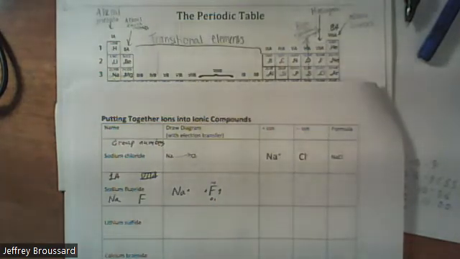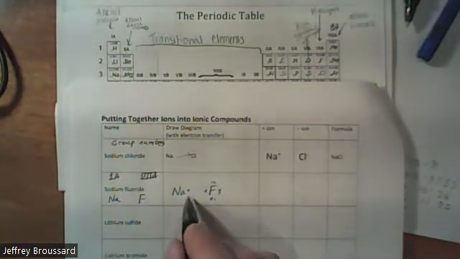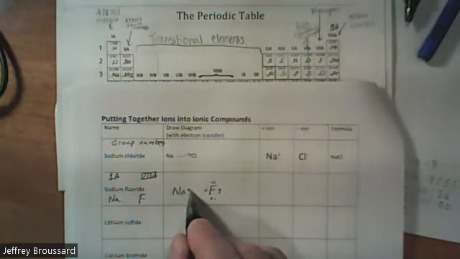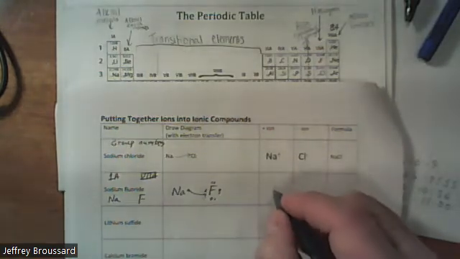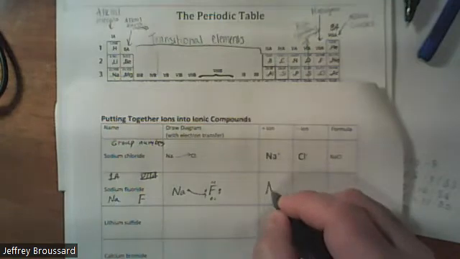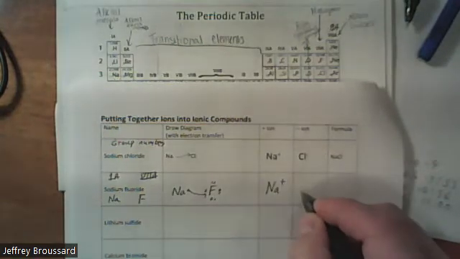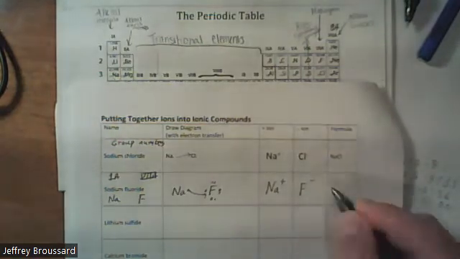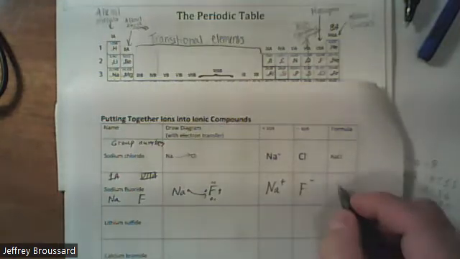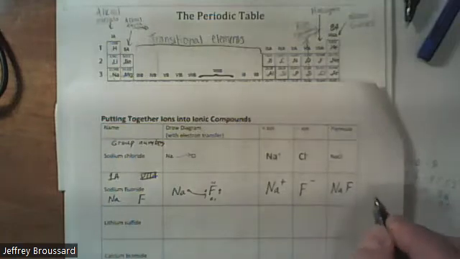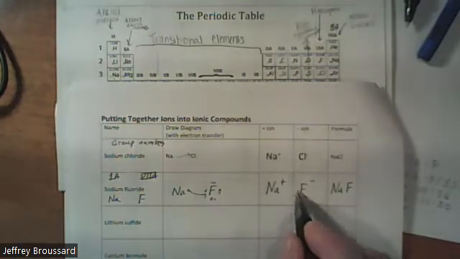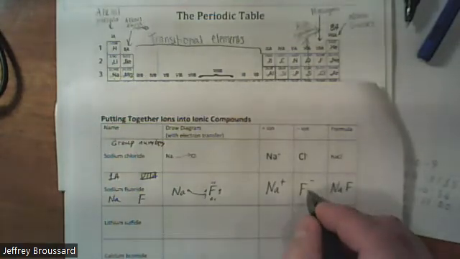I'm going to pair that one up there because I want to show this one moseying on over into that pocket right there. So now by doing that, we have Na positive, we have F negative, and those two come together to make NaF.